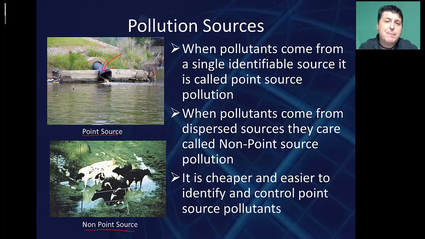Now, it's going to be cheaper and easier to identify and control point source pollutants because we can simply find that source and then turn it off. Whereas it's much more difficult to stop the pollution coming from all the cows in a particular region, or all of the tailpipes of cars over a particular area.